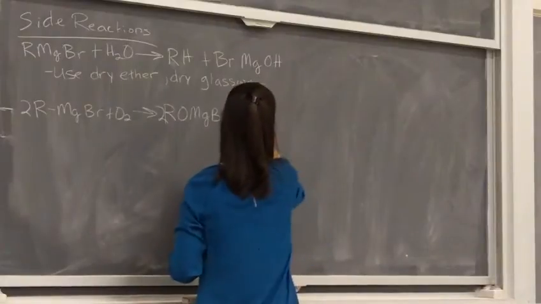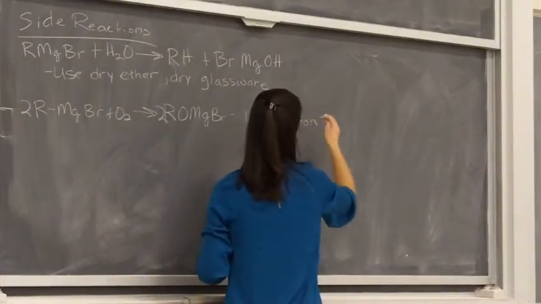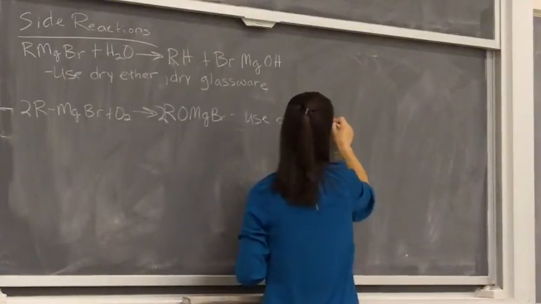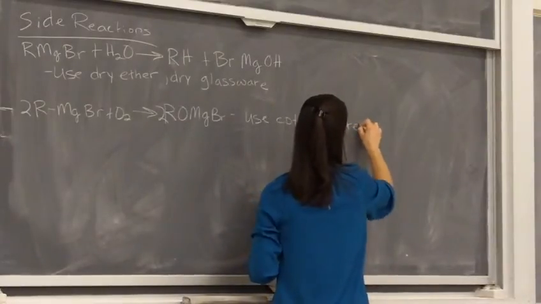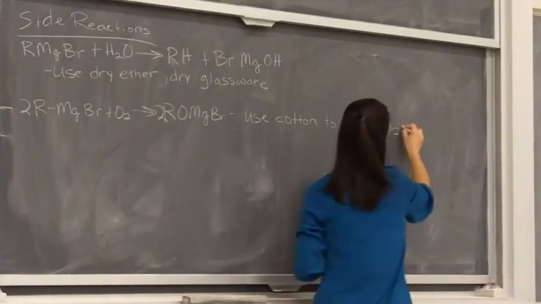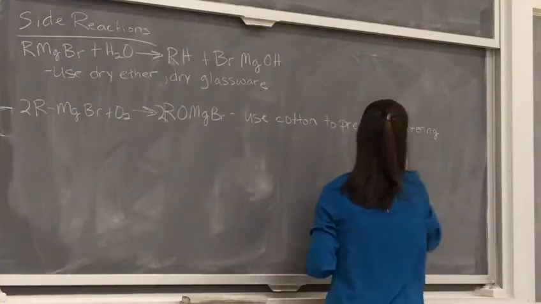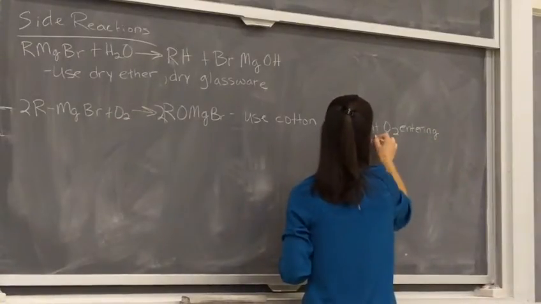And so we're going to use cotton and all the openings that we have to prevent oxygen into the reaction, okay? And then, like I said, we have a high vapor pressure on our ether to also prevent that.